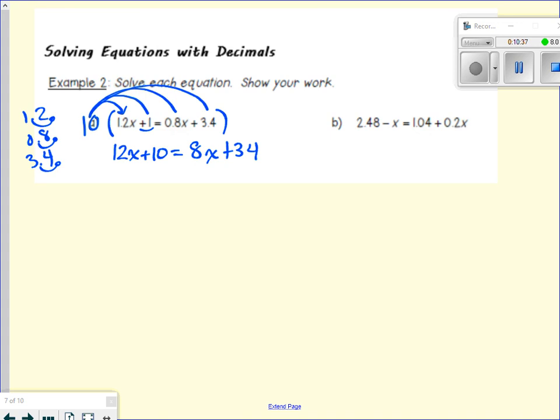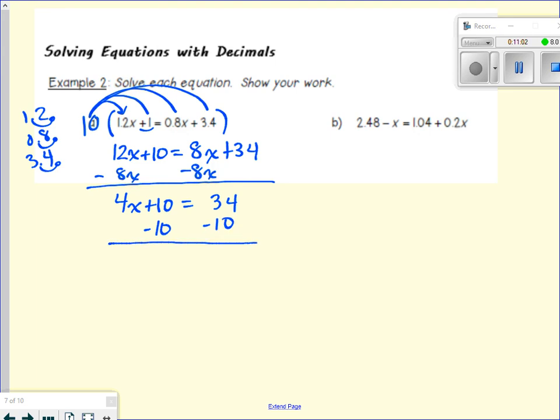So let's go ahead and solve for the value of x. We're going to subtract 8x on both sides. So I have 4x plus 10 equals 34. Now I'm going to subtract 10 on both sides.